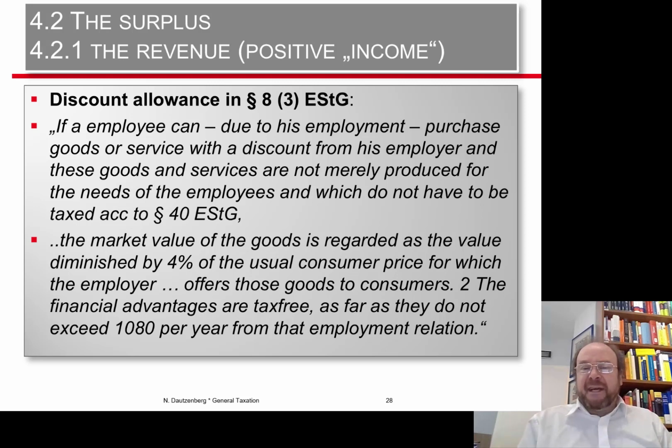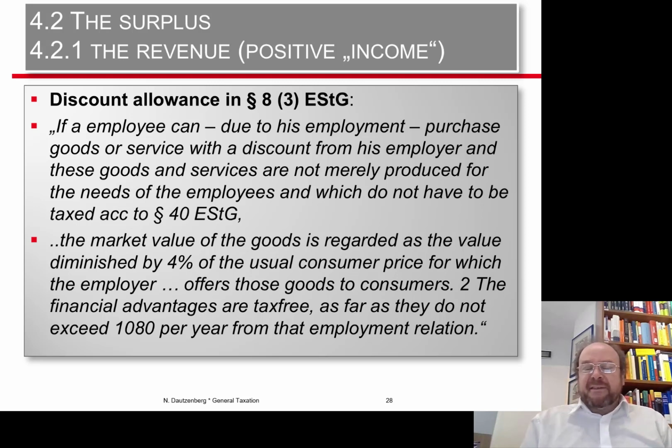For example, if they acted as a group, they could easily negotiate a certain discount, and so 4% discount were regarded as tax-free because that could be justified with the market power of the group of employees if they acted as a group. Then an additional amount of the remaining discount, a certain amount was declared tax-free per year.